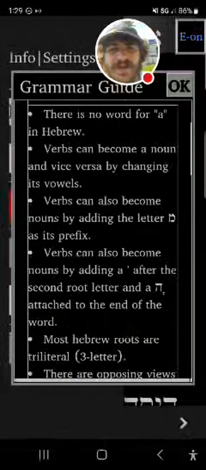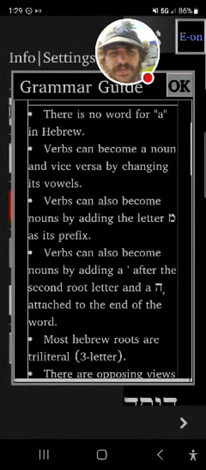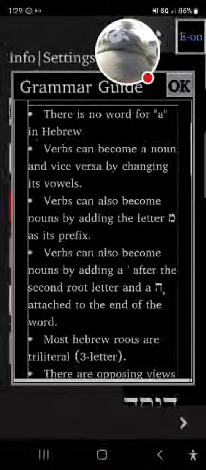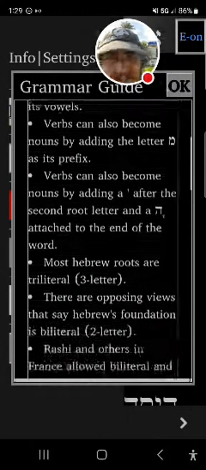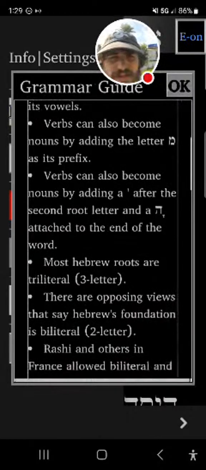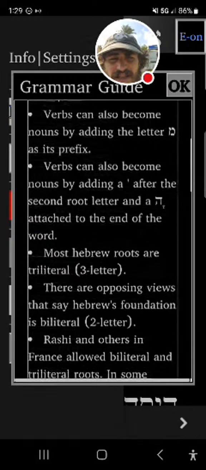Verbs also become nouns by adding the letter mem as its prefix. Verbs can also become nouns by adding something after the second root letter and a kamatz followed by a hey attached to the end of the word.